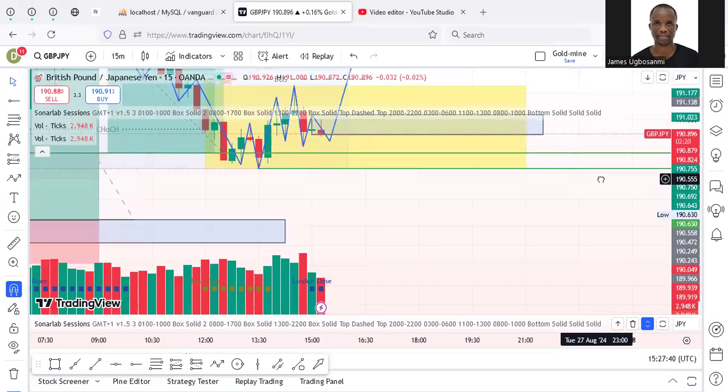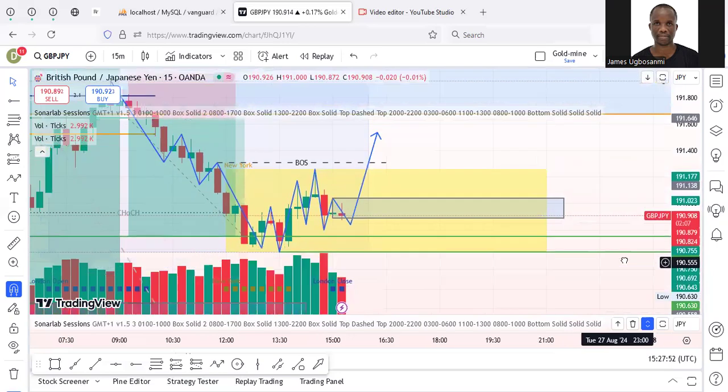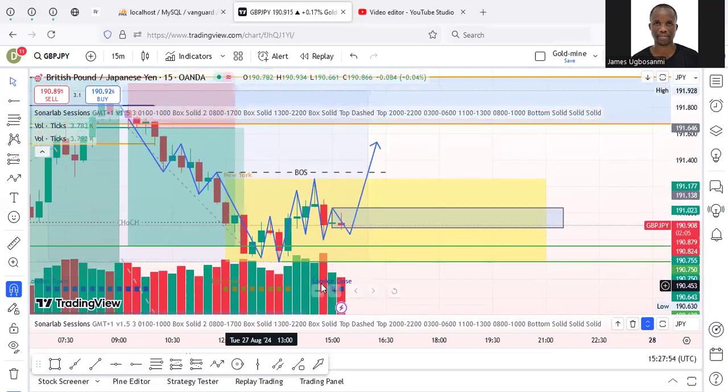We have about 2.95K sellers in the market, people ready to sell. So you can see the volume of people wanting to sell.